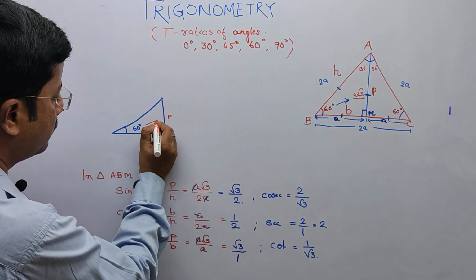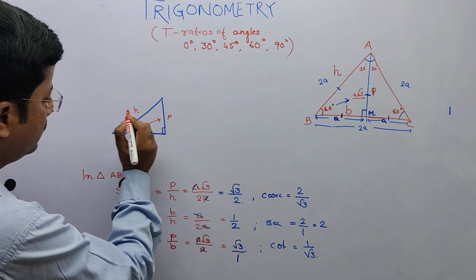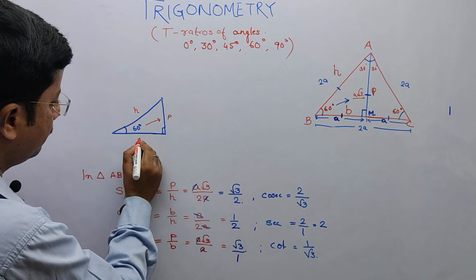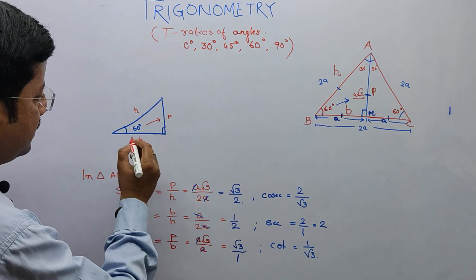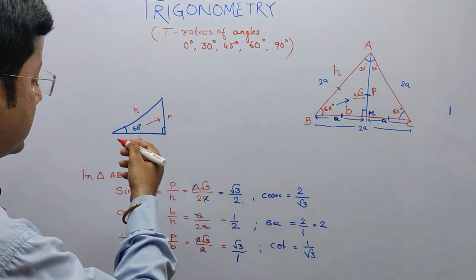This is perpendicular, side opposite to the angle. This is hypotenuse. Hypotenuse doesn't have any problem, it is always fixed. This is base. So now what it says is that the trigonometric ratios for 60 degree will always be the same.